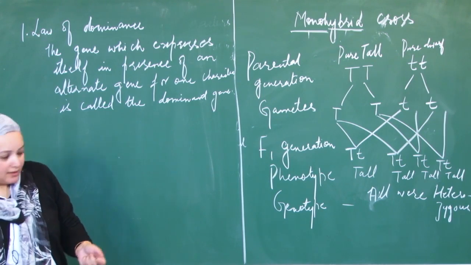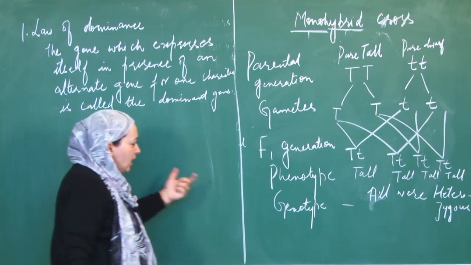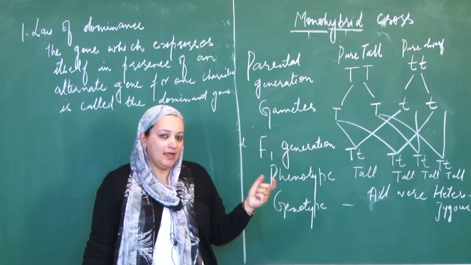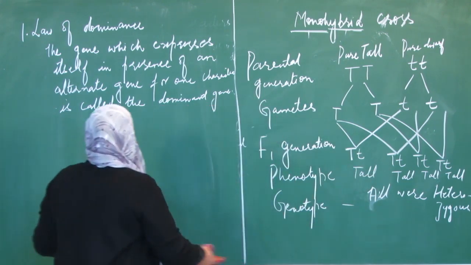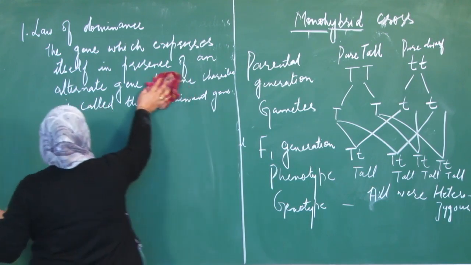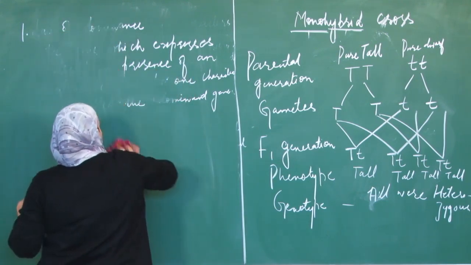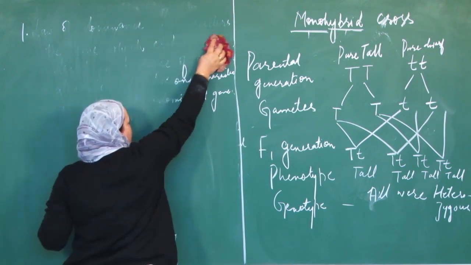Now, then he allowed the F1 generation to self-pollinate. What was the F1 generation?